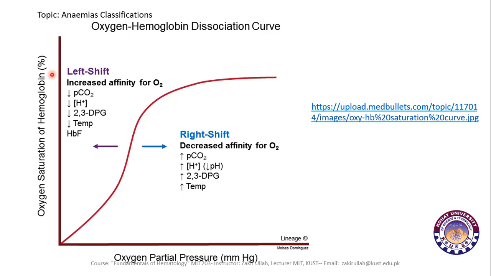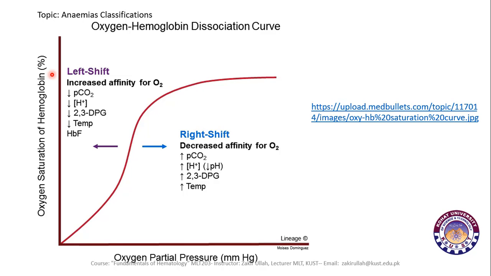Therefore the bond between the oxygen and hemoglobin weakens. As the bond weakens, the hemoglobin easily breaks its bonds with the oxygen, and the oxygen is quickly given to the tissues.